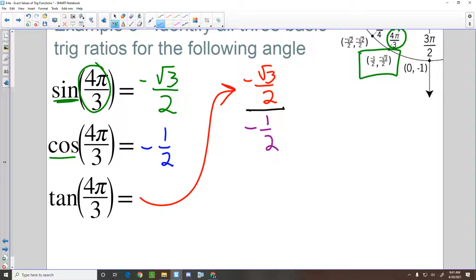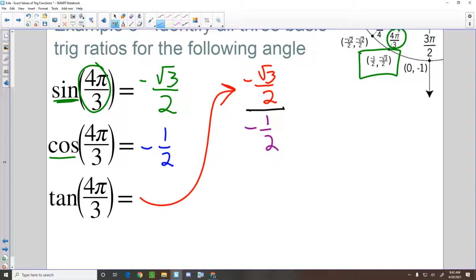Nice. There's two negatives, though. Yeah, super close. Dividing by a fraction is the same as multiplying by the reciprocal.